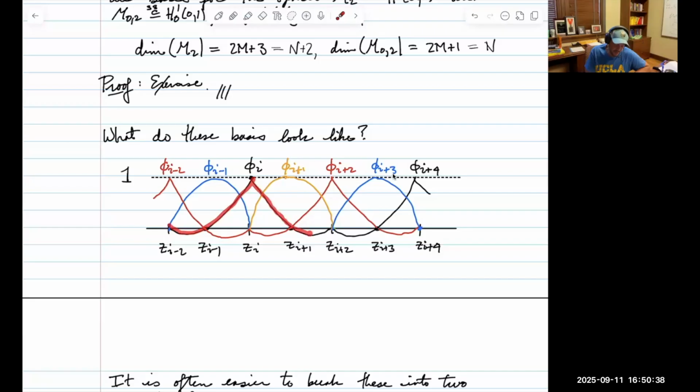It has to be piecewise quadratic, globally continuous, and it has to have the value 1 at its particular node of definition, or node of interest, zi, and it has to be 0 at all other nodes. Now, that answers the question, at least if you believe my very hand-wavy argument. That's how I construct that one basis function.